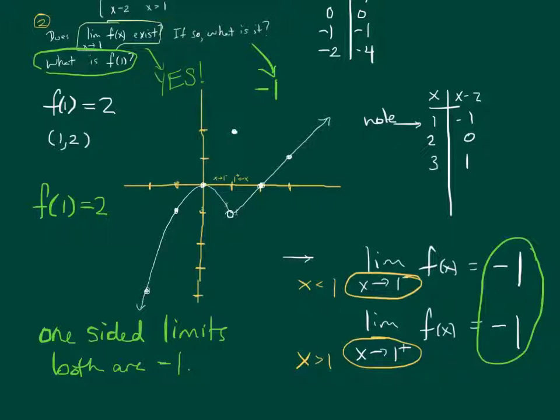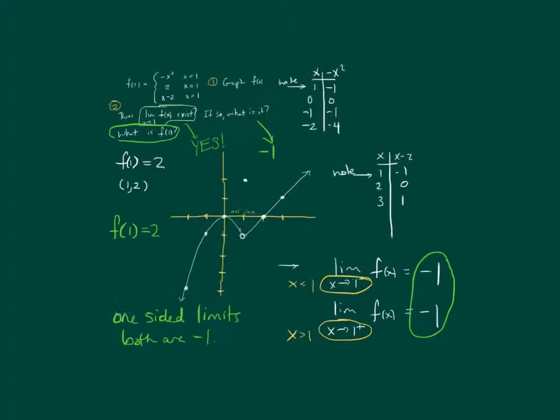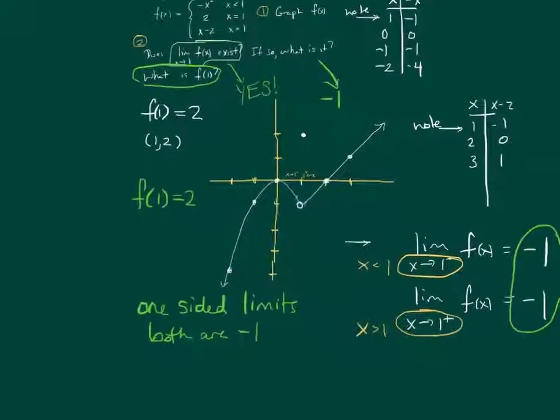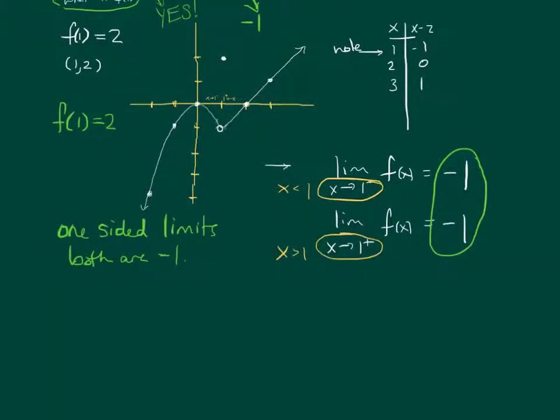We haven't learned the next word that I'm about to throw out there, but I'm going to put it here anyway. Maybe a couple of vocabulary words. You would say that in this case, I'll write this in a new color, blue, we would say f of x is discontinuous at x equals 1.